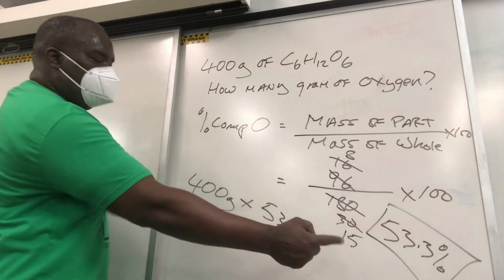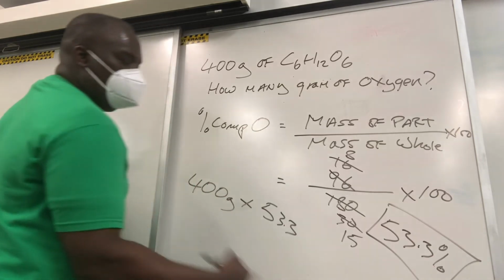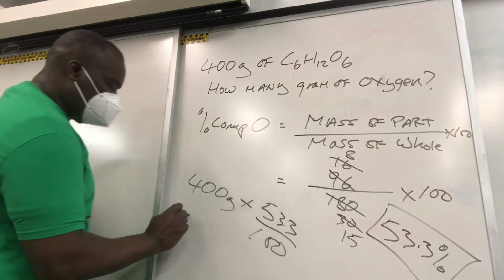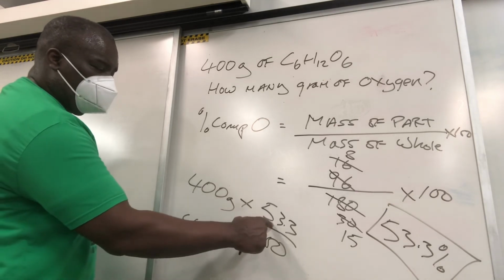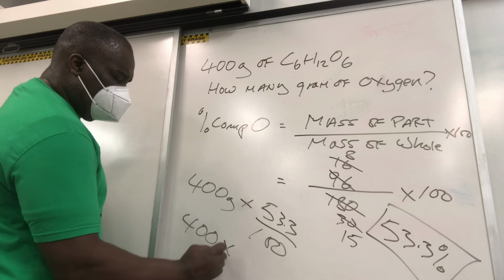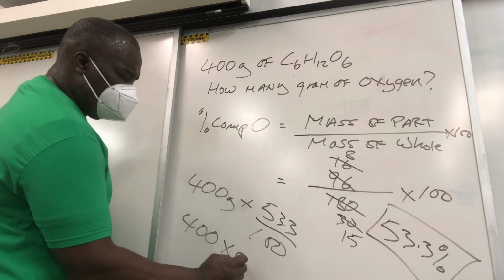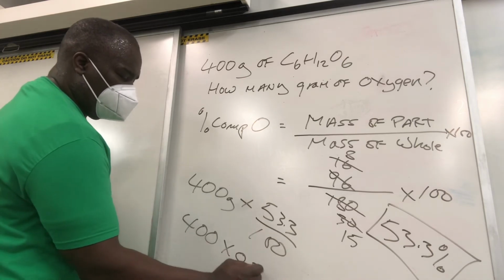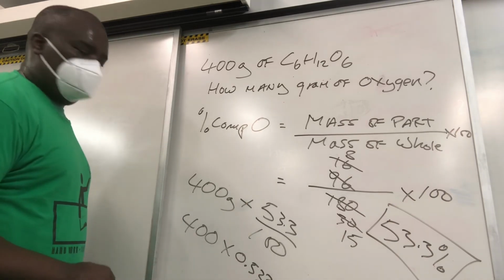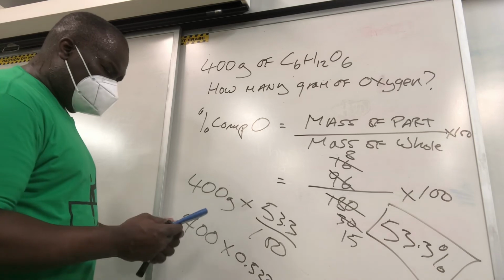So we could either convert this to a decimal by moving it 2 places to the left, or we could use it like this. So you have a choice. You've got 400 grams times 53.3 over 100, or you can say 400 times 0.533. Either way, you should get a correct answer. So let's do the second one, no problem.